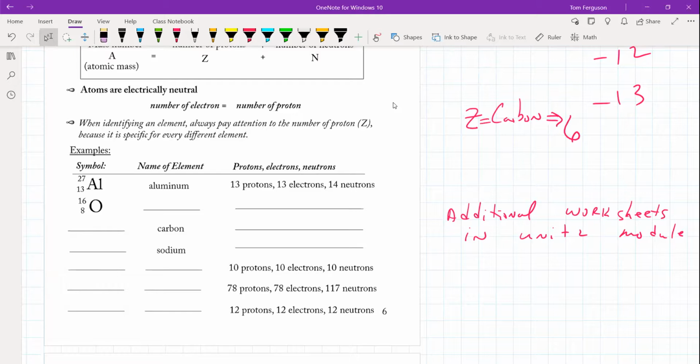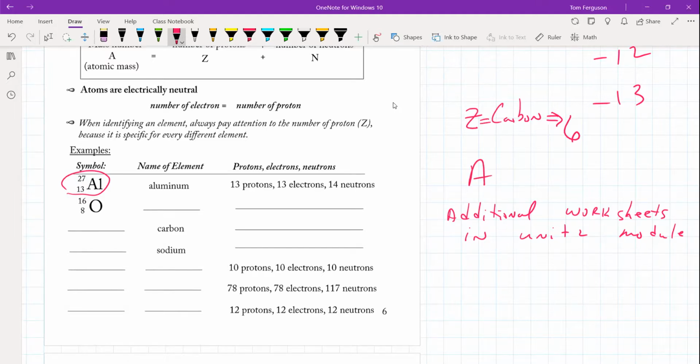Okay, so frequently we write a shorthand way of writing an isotope. Now this is aluminum, or aluminium if you're not from the United States. So what does this say here?